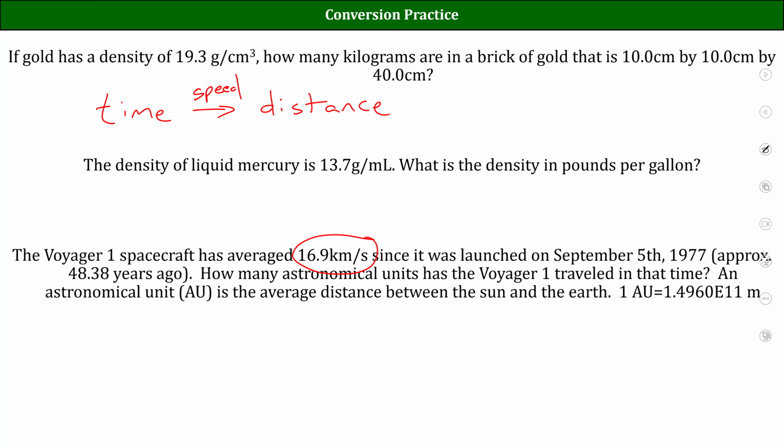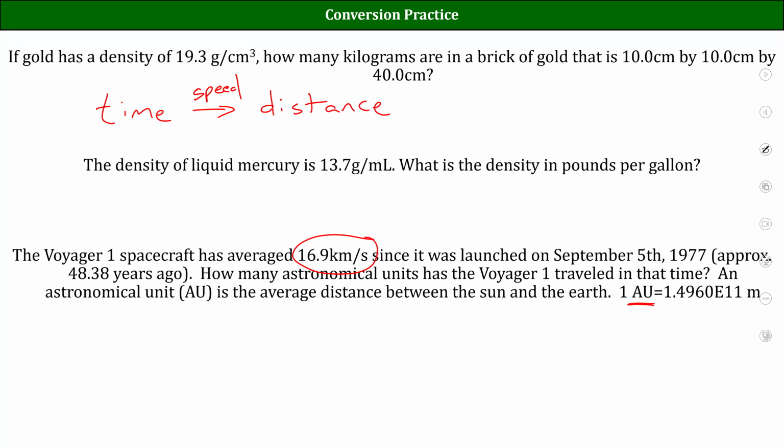I'm starting with time in years. If I'm going to use this speed as a conversion, I need to get to time in seconds, and then that'll get me a distance in kilometers. I want my distance in AU, which is a unit you've probably never heard of, but it doesn't really matter. All you need to know is it's a distance and it's equal to this many meters.